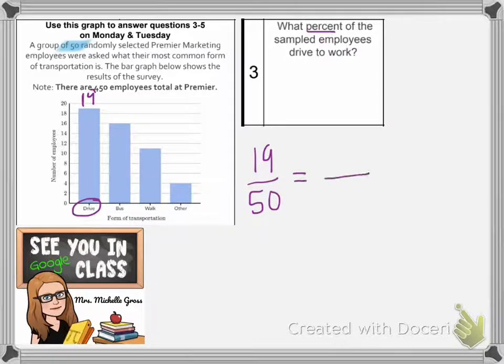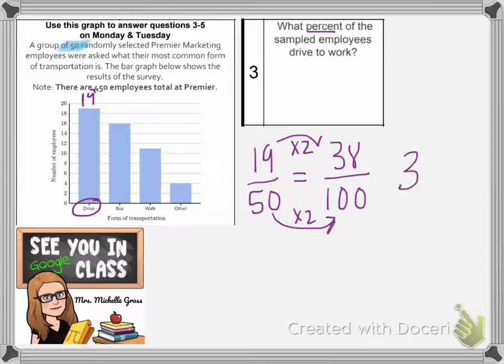And remember, percent is per 100, so you could kind of do it this way. 50 times 2 is 100, so 19 times 2 would be 38. So you could do it 38 out of 100 and say that was 38%. Another way you could do that is division. You could see how many times 50 goes into 19 and go that way.